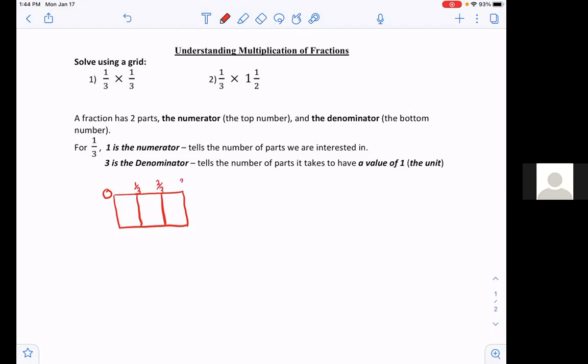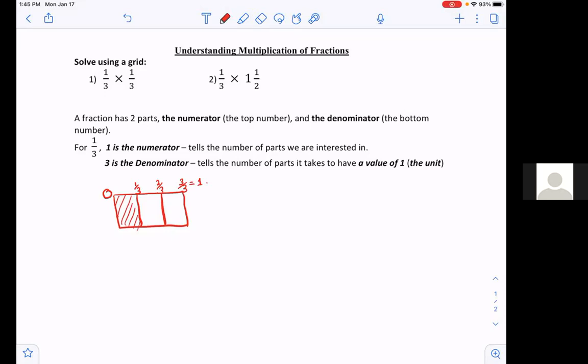And then finally 3/3, which is equivalent to a 1. So for me to be able to show a third in this case, it will simply be this partition here, that part of 1. And that will be representing a third.